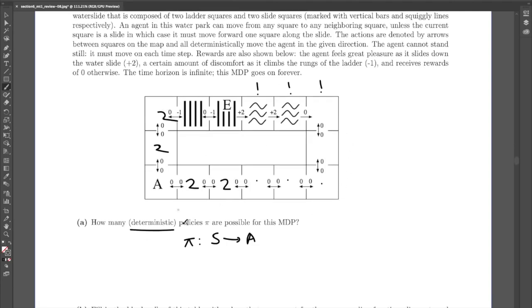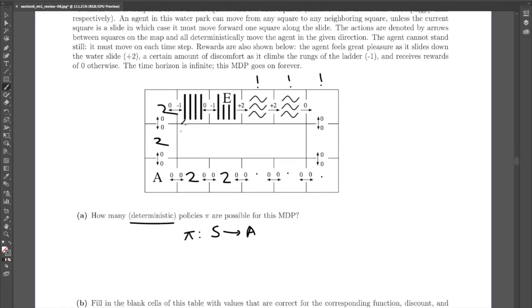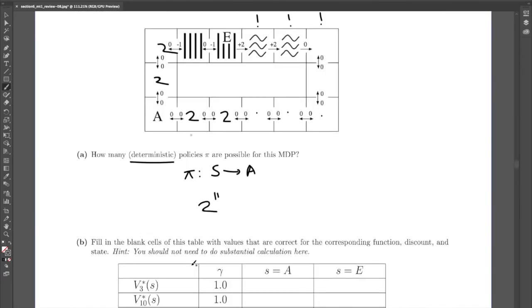You can count this and check. It turns out that there's 11 of the squares which have a number 2 in them, and there's going to be 3 which have a 1 in them. So basically it's going to be 2 to the power 11. Technically it's this times 1 times 1 times 1, but that's the same as 2 to the power 11. And that's it for part A.